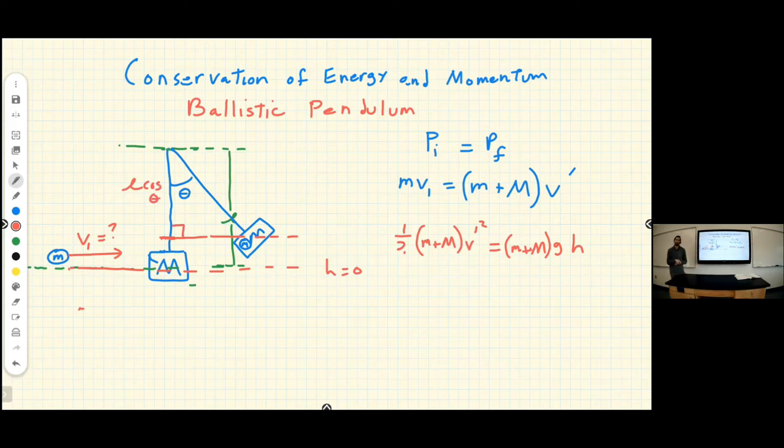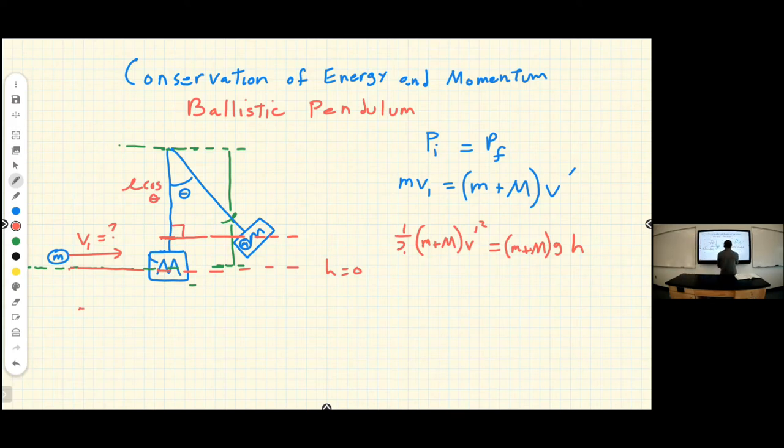Okay. Now, the entire length from here down to the bottom is L. And this piece of that is L cosine of theta. So the piece that's left over would then be L minus L cosine of theta. So that's our height.